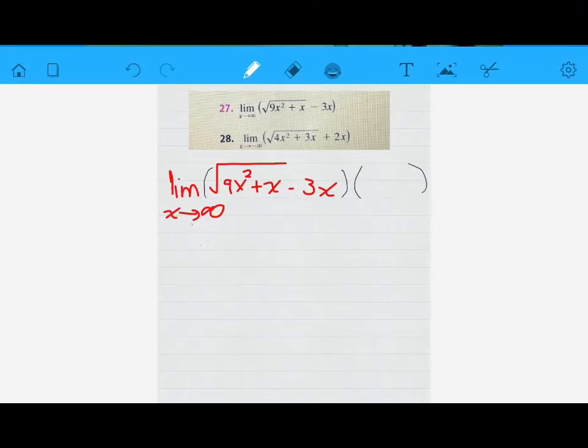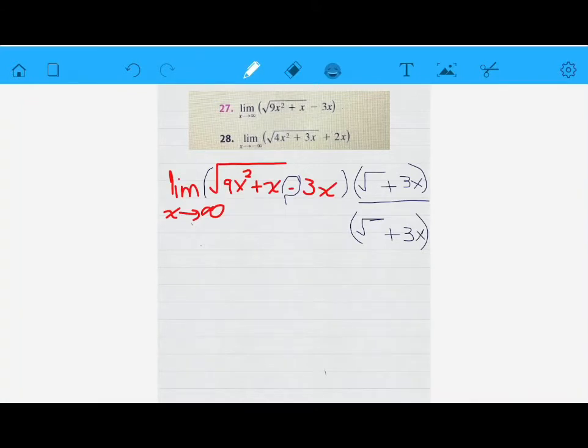In the second bracket we put the same radical, but we change minus to plus, and we keep 3x. Pay attention: when you use the conjugate, we must have a balance between numerator and denominator. What we put in the numerator, we must also put in the denominator.